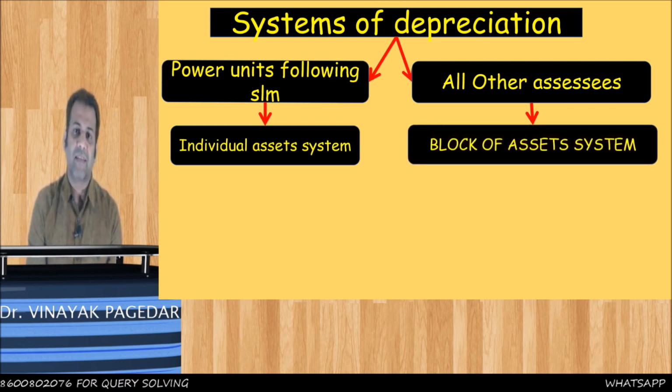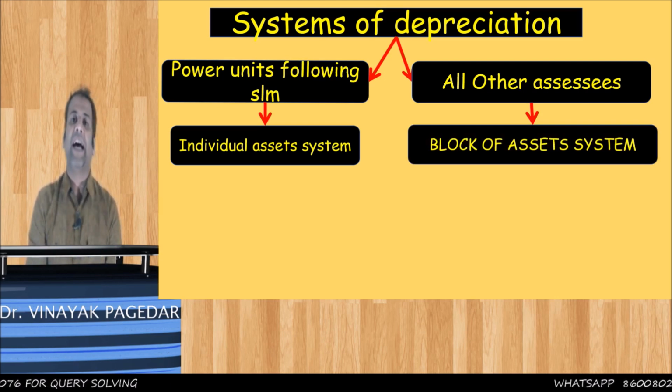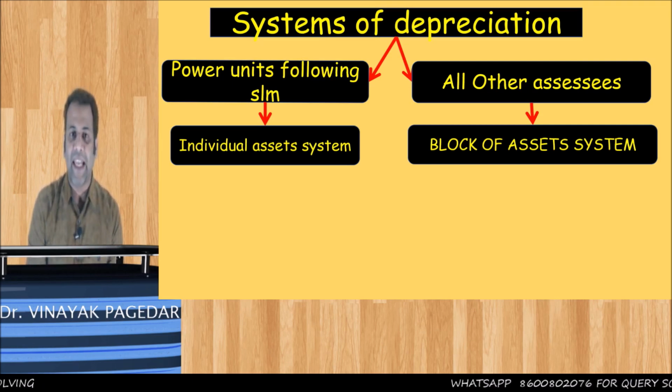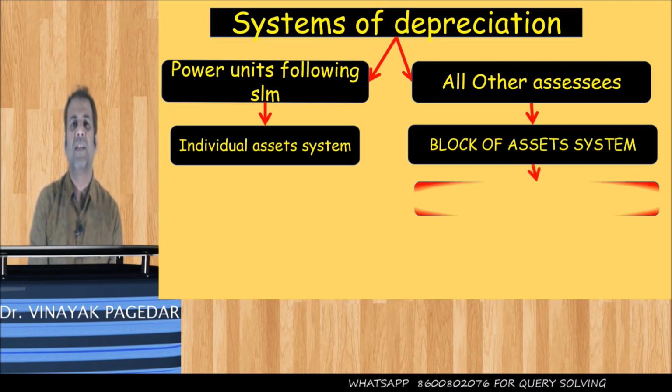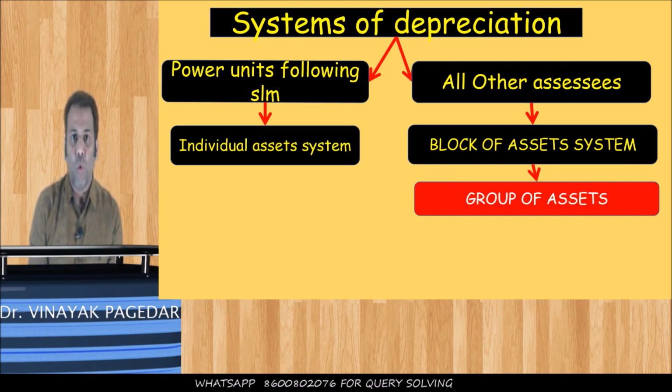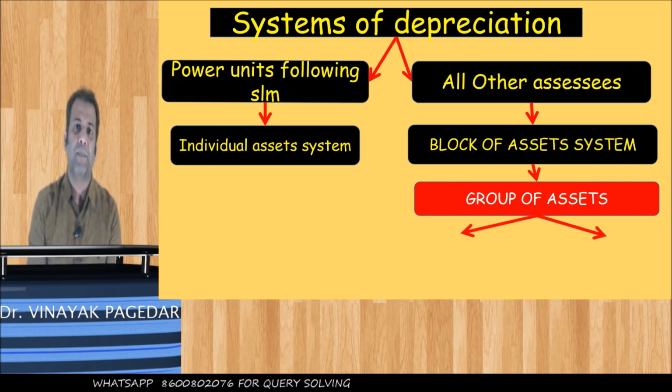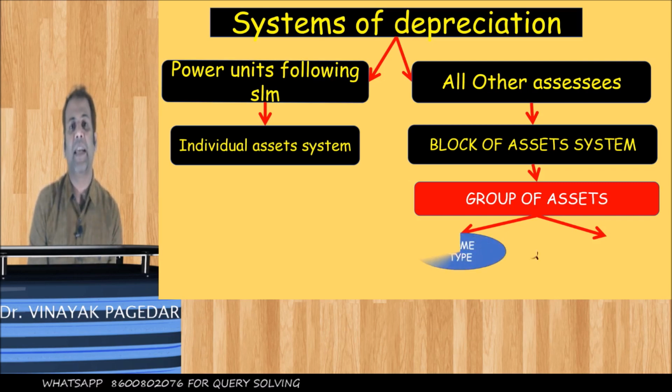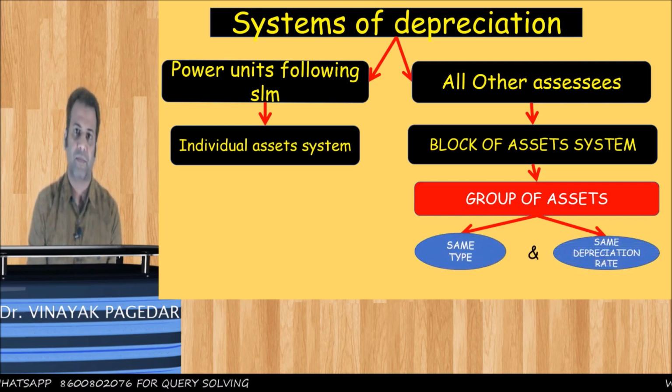And what exactly is a block of assets? There's a definition given under section 211 of the Income Tax Act. But in simple words, a block means a group of assets. And in this group, you only collect those assets which have the same type and the same depreciation rate.